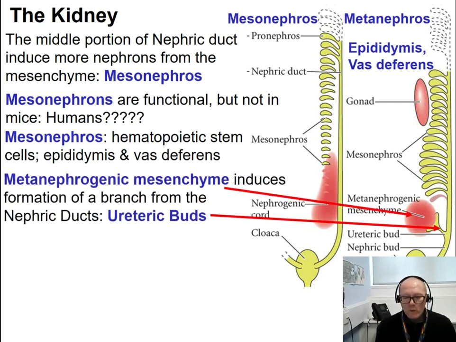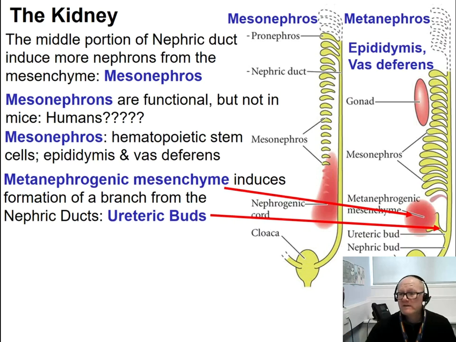So what is the last stage of development of the kidney? The last stage sees a strong interaction and induction between the epithelia and the mesenchyma of the intermediate mesoderm, more posteriorly. In particular, the metanephrogenic mesenchyme induces the formation of the ureteric bud from the nephric duct, or the Wolffian duct.